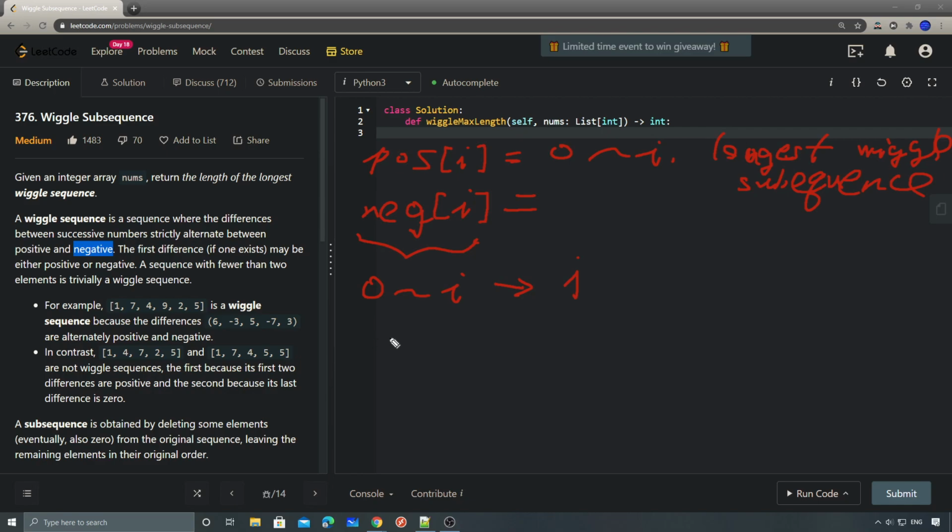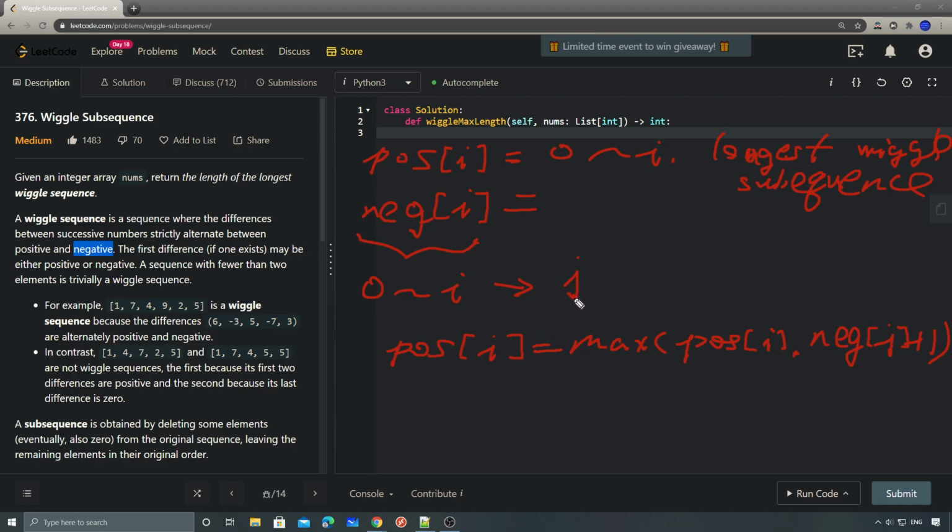If that's the case, the current difference is positive, so positive[i] is the max of positive[i] and negative[j] plus 1, because it has to alternate.